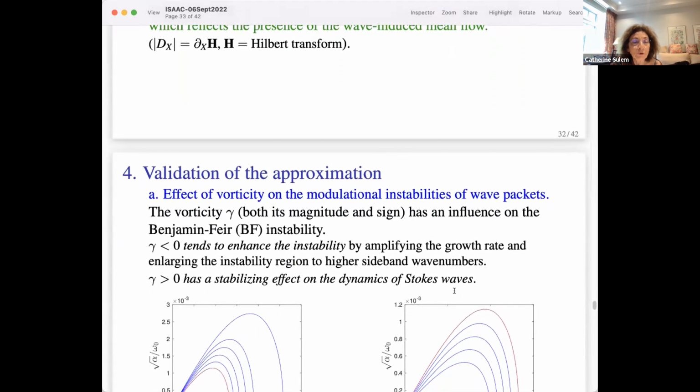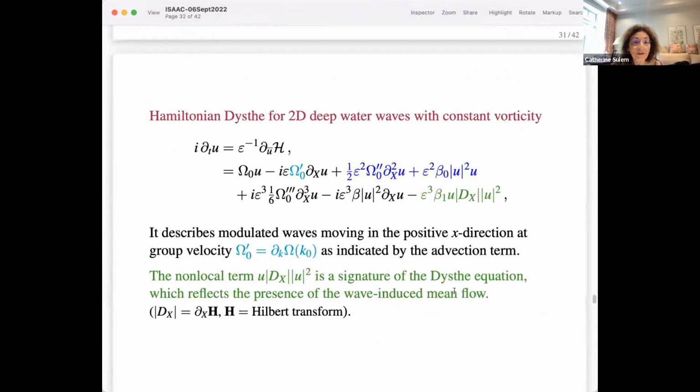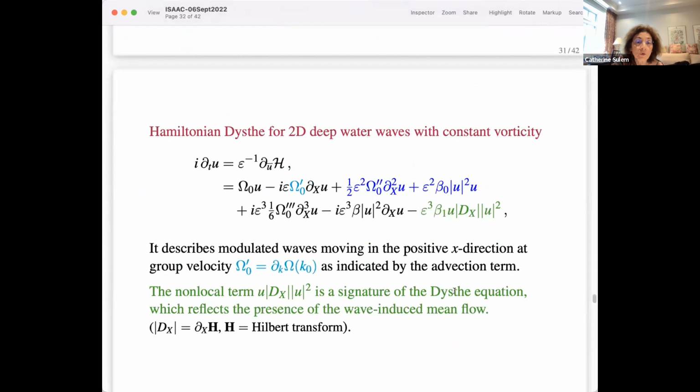So now I would like to show you. So this is the equation. It's a little bit different from the Dysthe equation that is non-Hamiltonian. In particular, it has one term less.